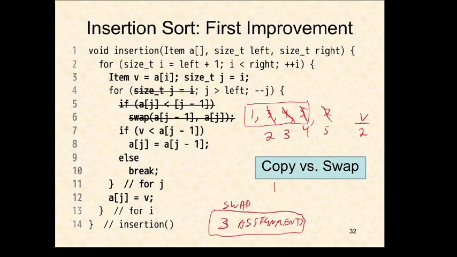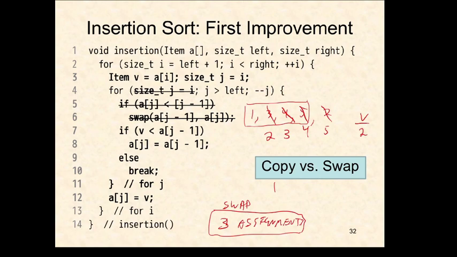So where I used to do 3n squared amount of work to do the swapping, now I'm going to do 1n squared amount of work to do the copying. So I've improved my constant factor by a large amount. That's a big improvement.